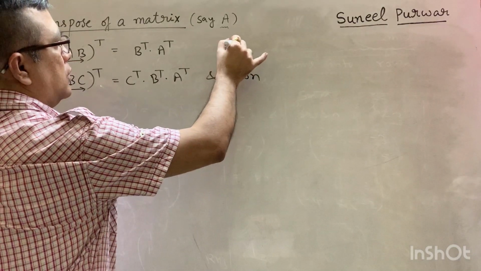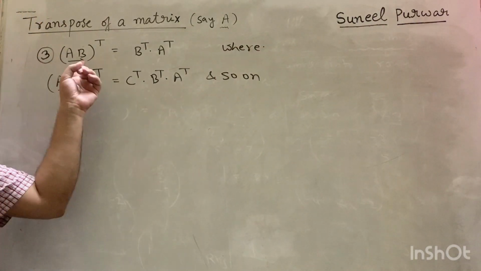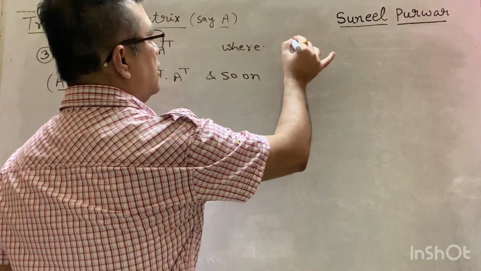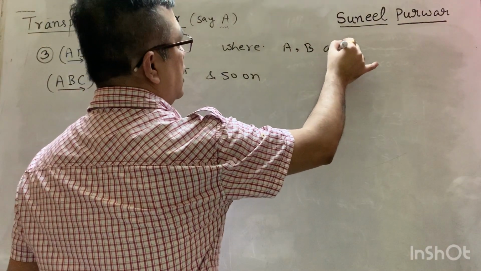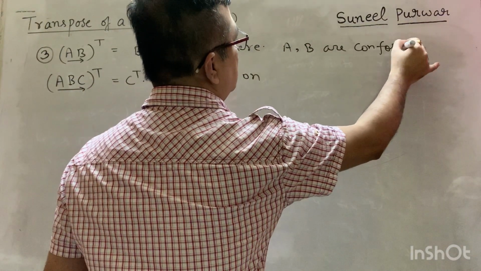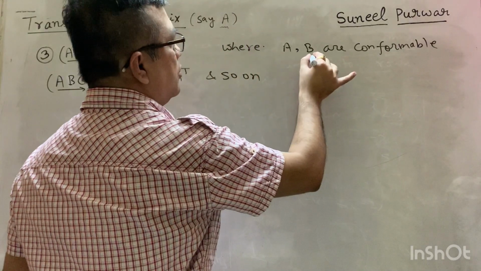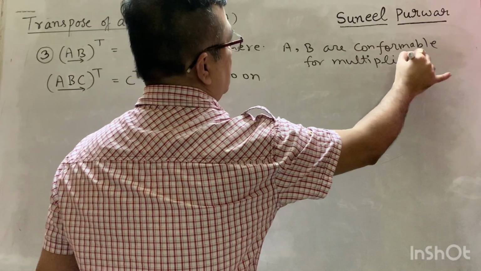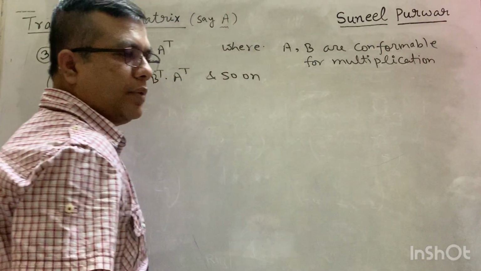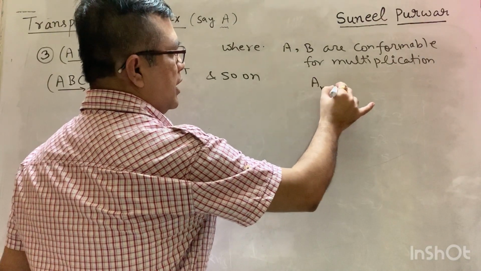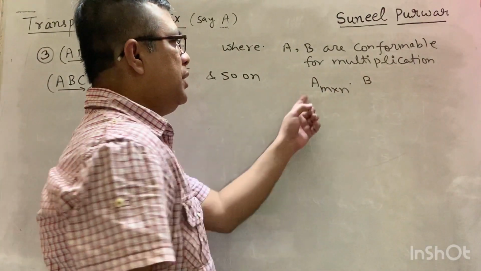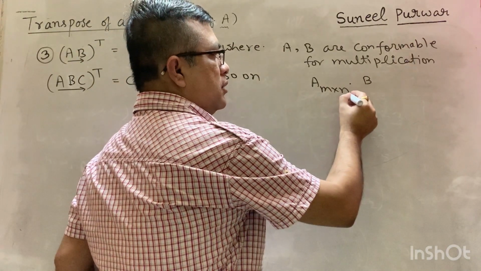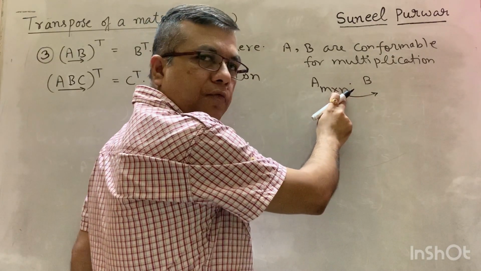So where A and B are conformable for multiplication. If you have forgotten, let me quickly remind. Suppose there is a matrix A of size m by n, then you can multiply B with it to get A into B, provided B has the same number of rows as the number of columns A has.